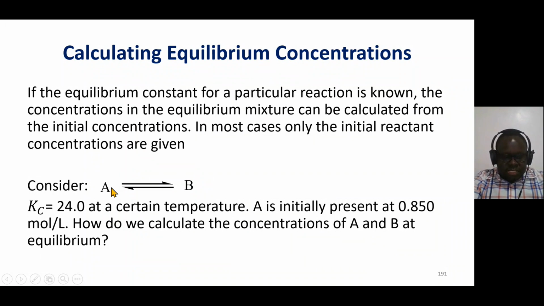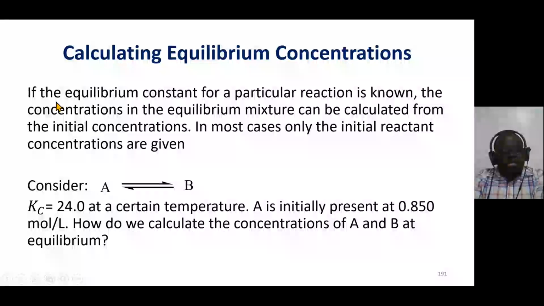So there's a certain change. This one reduces, and the concentration of B increases. Considering what happens for the reactant and the product, and having the value of the equilibrium constant, you can determine the equilibrium concentrations of A and B.